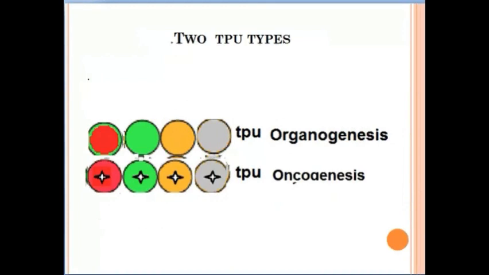Now I distinguish between two kinds of TPUs. TPUs which build our body, which are TPU involved in organogenesis, and then we have oncogenesis. These are special TPUs which deal with cancer.